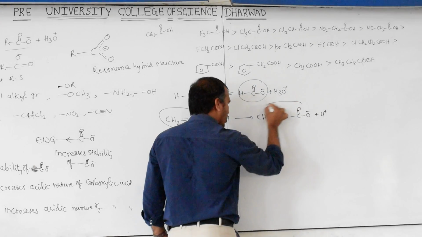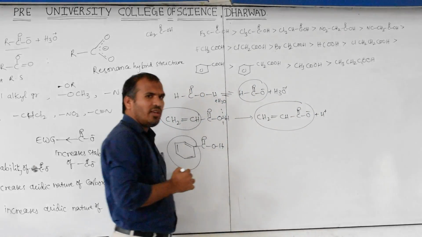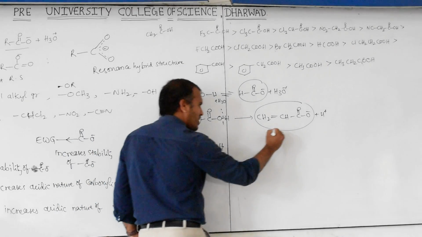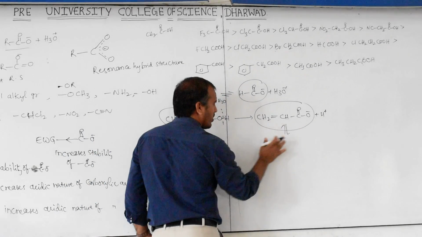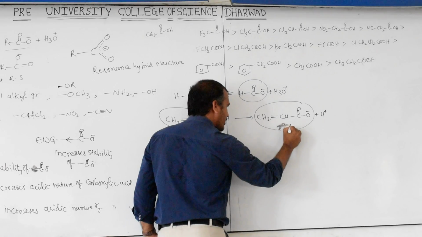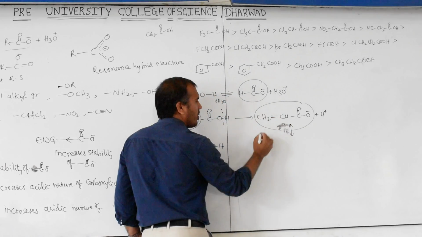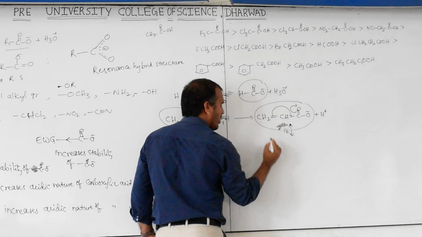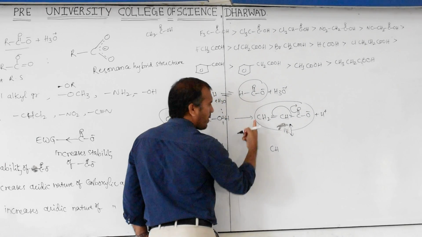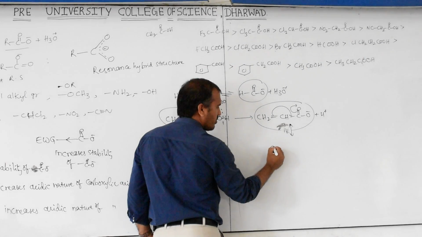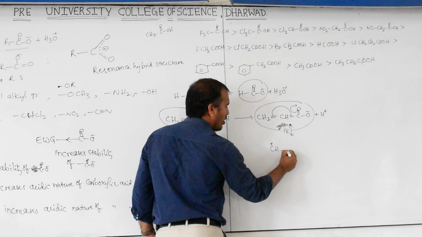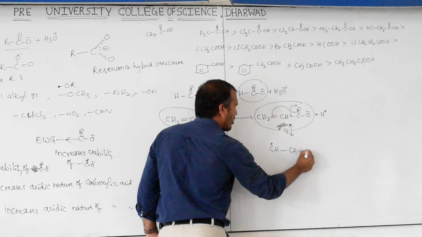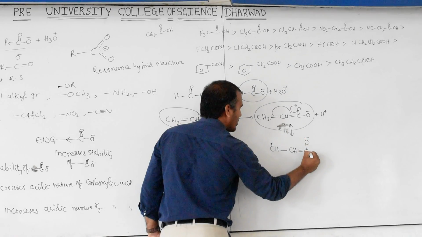Okay. This anion, if you observe, what is the resonance structure? Sorry, not this one, equilibrium. This is the resonance structure. Now this pi bond shifted to here, and this shifts to here. Then we get a positive charge, the single bond, CH double bond O minus.